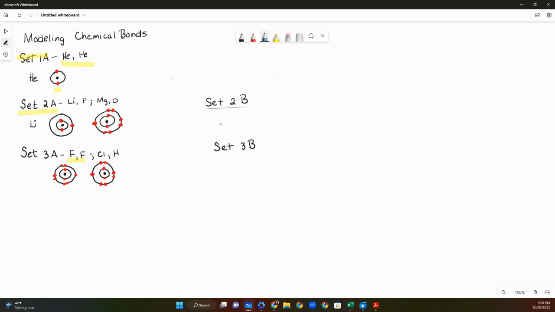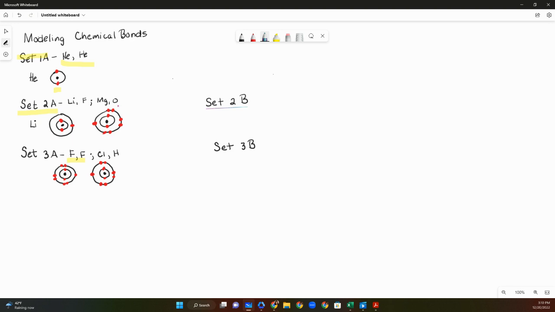So when you show the drawing, the lithium should have only 2 electrons. So lithium becomes positively charged. The fluorine becomes negatively charged because it's gaining 1 electron from the lithium. So lithium and fluorine form an ionic bond.